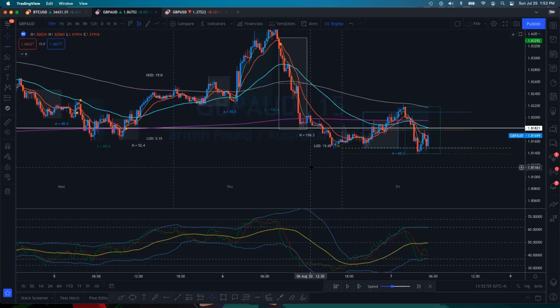As far as cycle goes, Gerald, it would be a trending cycle. It wouldn't be a market maker.